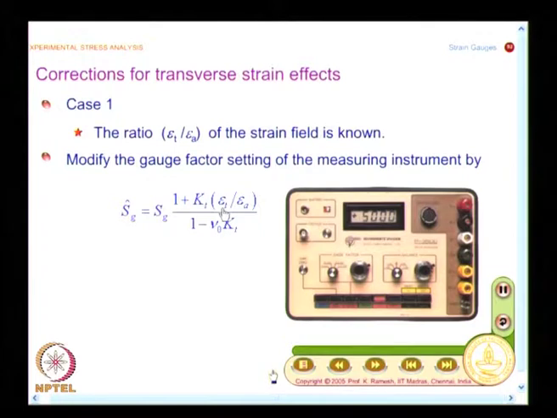If I know epsilon t divided by epsilon a, I know the numerator completely, I also know the denominator completely, and what I need to do is simply put this new modified gauge factor in the gauge factor knob. If I am using a software, feed in this new gauge factor. So, this is possible if I know the ratio of epsilon t over epsilon a. This is where we stopped in the last class.